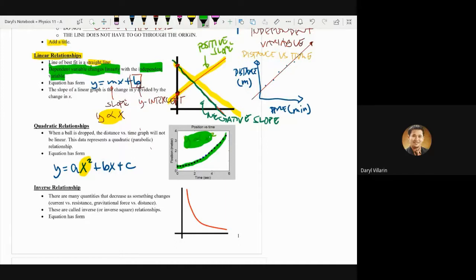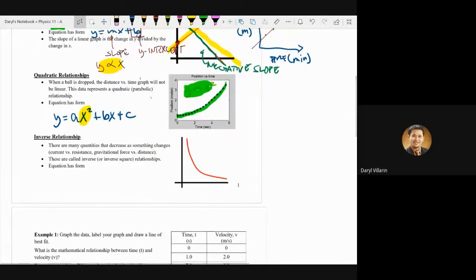And the inverse relationship. These are just some of the common relationships that you will encounter in your study of physics. An inverse relation tells you that as the value of x increases, the value of y decreases.